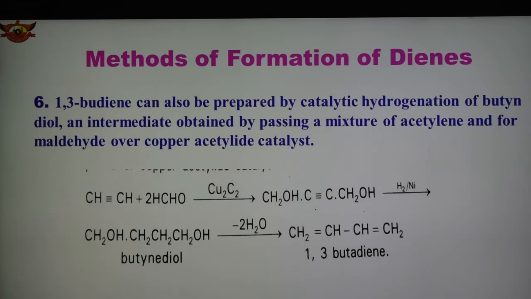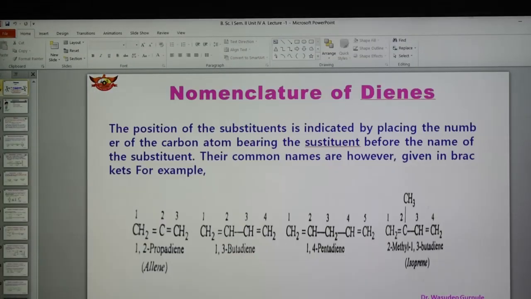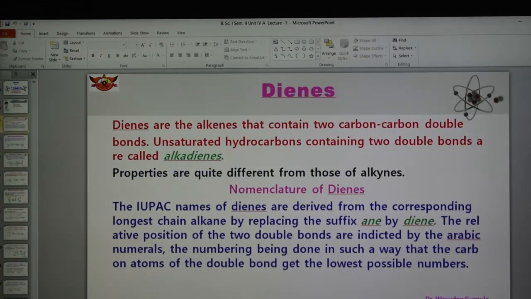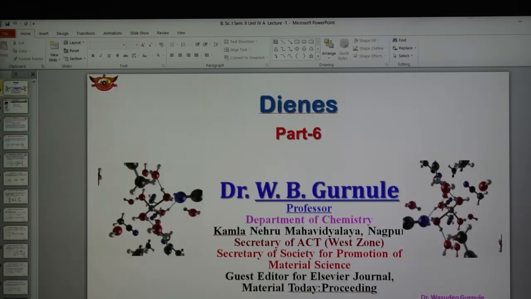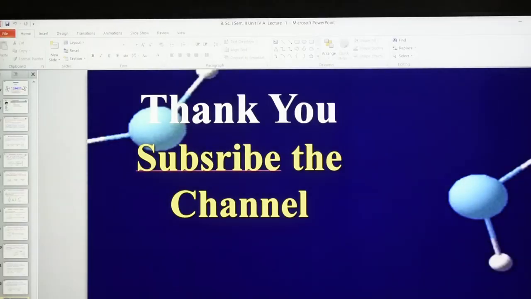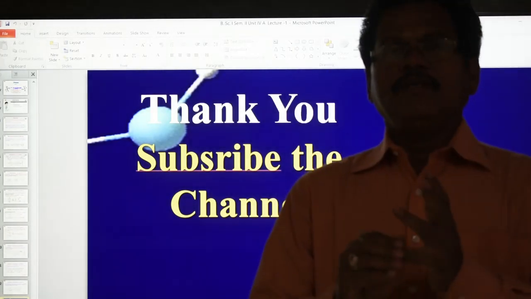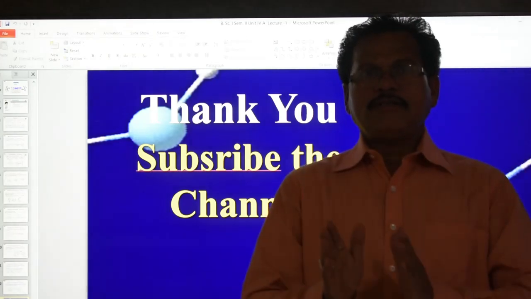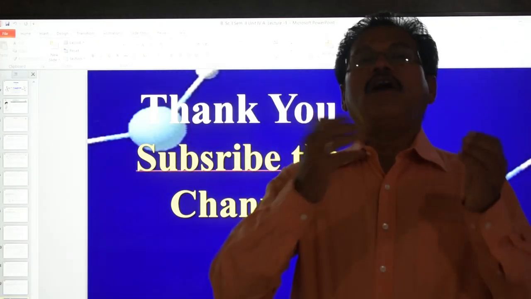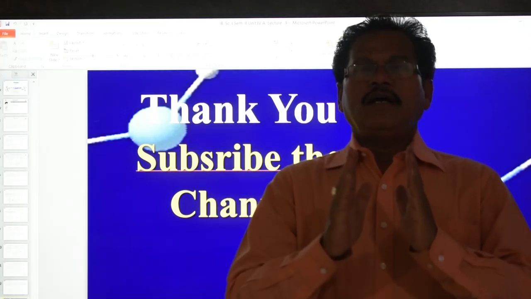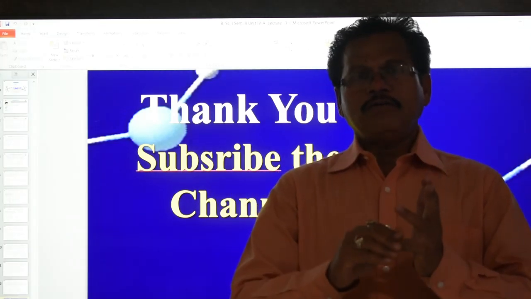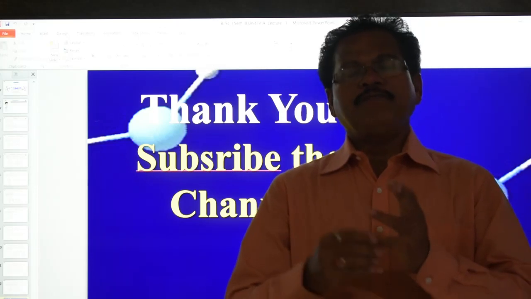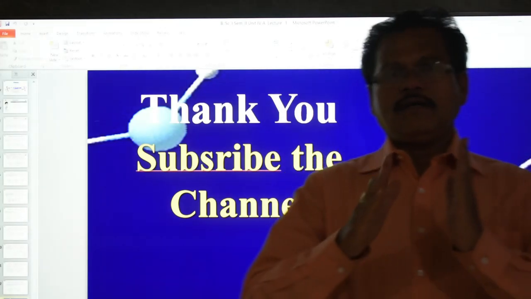So these are the methods of formation of dienes. In this way we obtain 1,3-butadiene, and we have seen different methods of its formation. And what is a diene? An unsaturated compound which contains two carbon-carbon double bonds is known as a diene or alkadiene, an alkane converted into an alkadiene, and simply it is known as a diene. We have seen how to write the IUPAC nomenclature, and also discussed the classification of dienes.